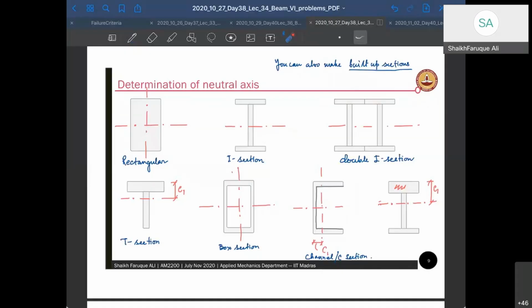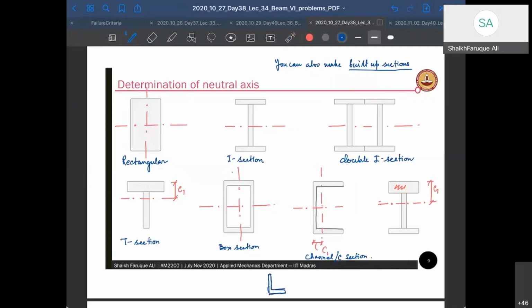Okay, so go through a book. A book will also have, towards the end, some of these sections given and their properties given. Not all, but some. Any book that you take, towards the end, some of them are given. There are channel sections. There are angle sections also. So this is an angle section, an L kind of thing.